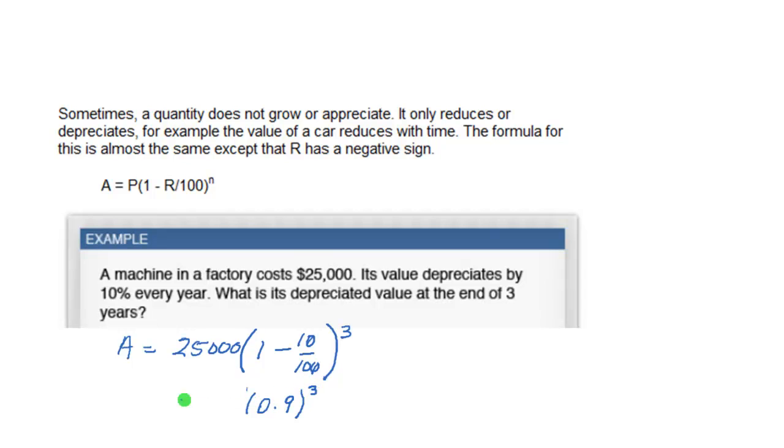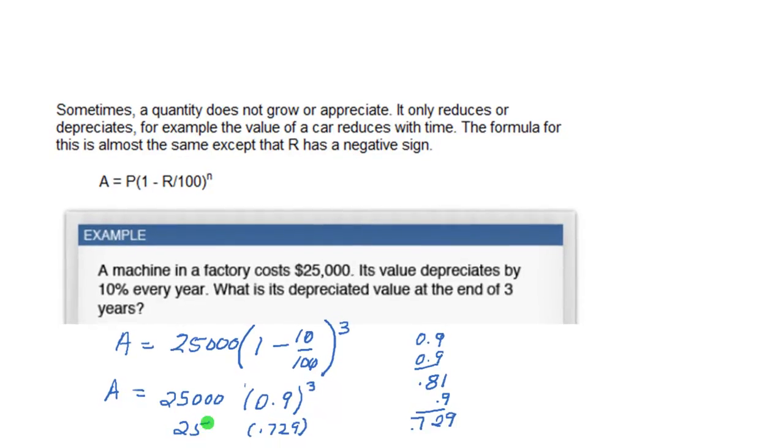And we're going to have to cube that. Well, let's see. 0.9 squared is 0.81 times another 0.9 is 0.729. That's what goes here.